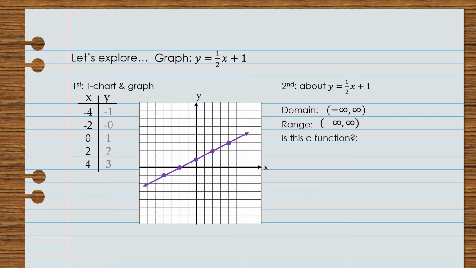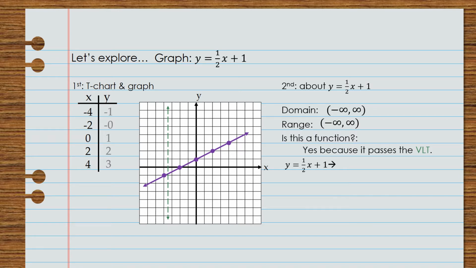Now, the next question states, is this a function? Well, remember, if it's a function, what do we use? The vertical line test. And so if you were to place a vertical line anywhere on the graph, would it pass the vertical line test? Yes, it is a function because it does pass the vertical line test.